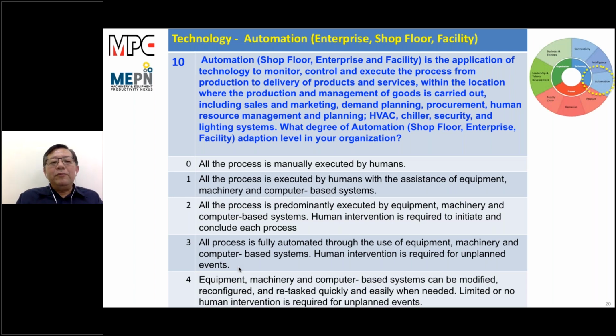Number 4 is equipment, machinery, and computer-based systems can be modified, reconfigured, and retasked quickly and easily when needed. Limited or no human intervention is required for unplanned events. That means you can change the configurations, because sometimes, especially in a high mix, low volume manufacturing plant, you need to change the setup in a very fast mode.